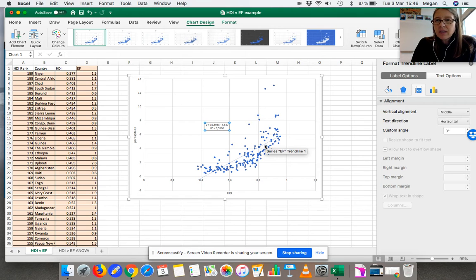And it's also letting us know how reliably we can use this equation to make predictions. So if we had a development index of, say, 0.5, if we were to plug that X into the equation, how well would that predict the actual Y value, the ecological footprint value, based on the equation?